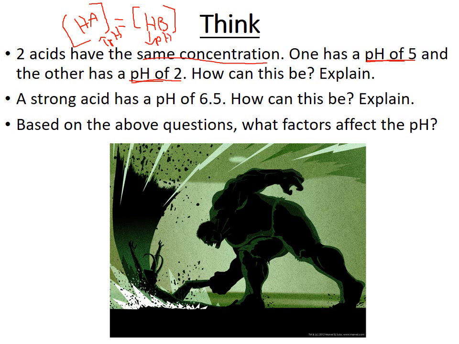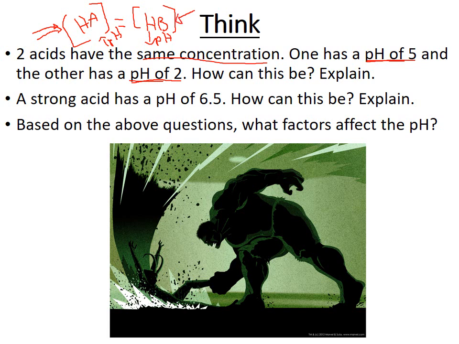Think about the concepts we learned. Pause the video and reflect. That's right, if you said that acid A is probably a weak acid and didn't ionize 100%, then you're correct. That's what it was. Even though they have the same concentration, our acid A might have been a weak acid and acid B might have been a strong acid.